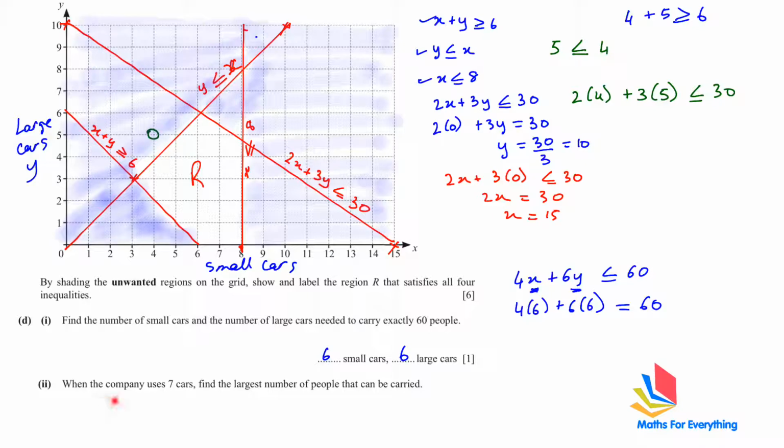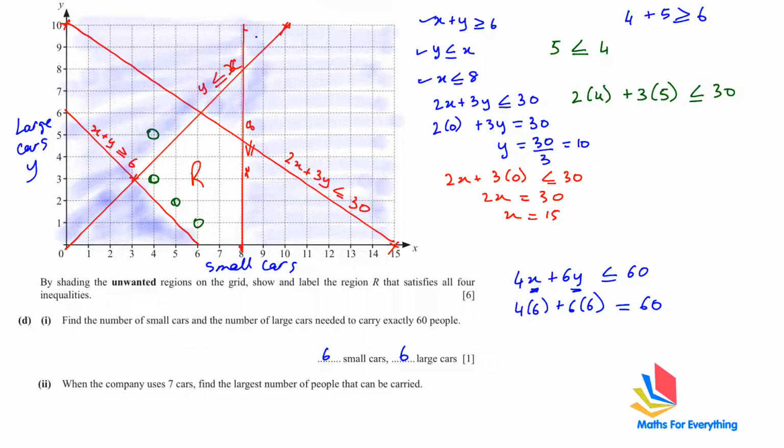We have not been told the number of large cars or small cars. That can be in any number, so the total number of cars should be 7. We can take 4 and 3, that will give us 7, 5 and 2, 6 and 1, and substitute in our equation to get the answer.